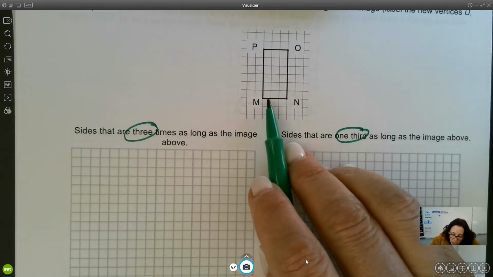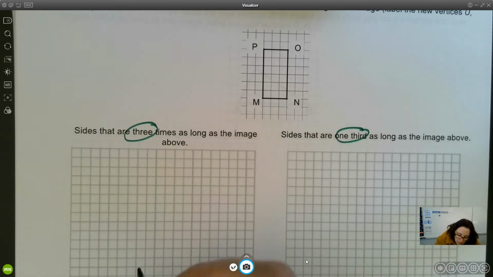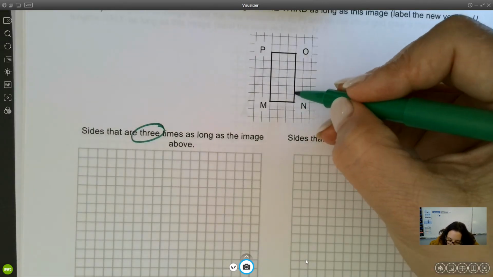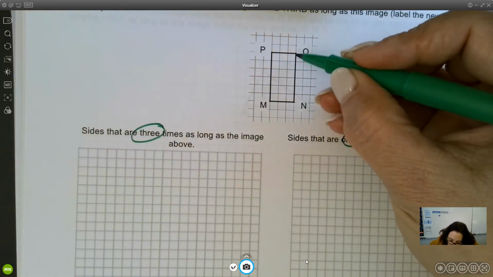All right, so we've got 1, 2, 3. So we need 9. I wonder if I went down enough. I probably didn't. Let me go down here just in case. 1, 2, 3, 4, 5, 6, 7, 8, 9. And then 1, 2, 3, 4, 5, 6.